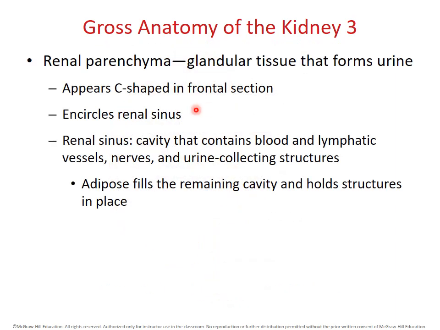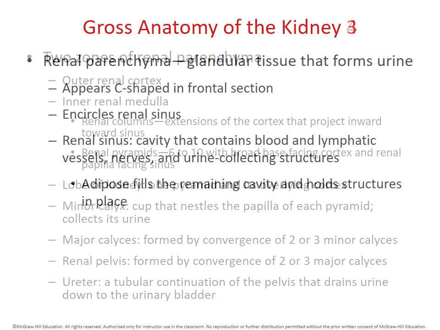All right, so as we just said, we've got the renal parenchyma, which again is the actual cellular tissue of the kidney itself that forms urine, and then the deeper sinus containing all those structures that I just mentioned.